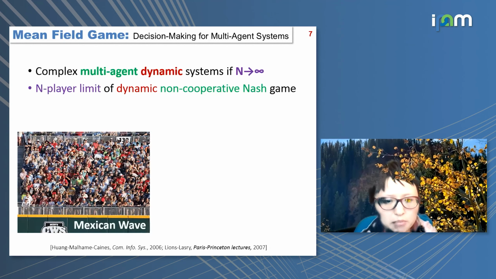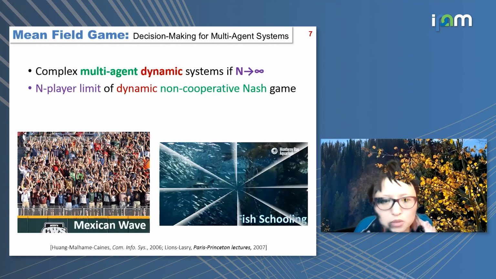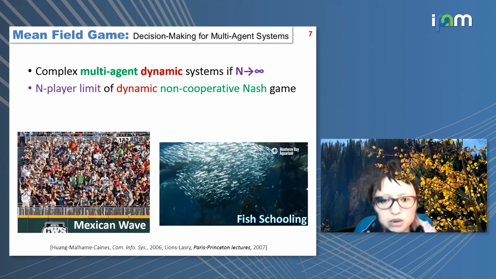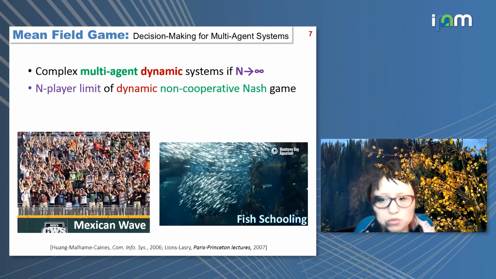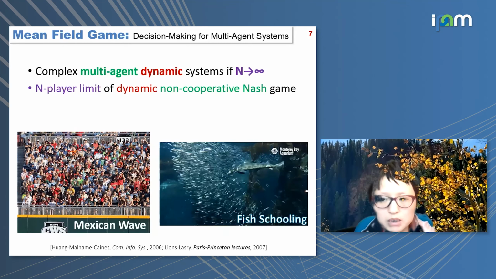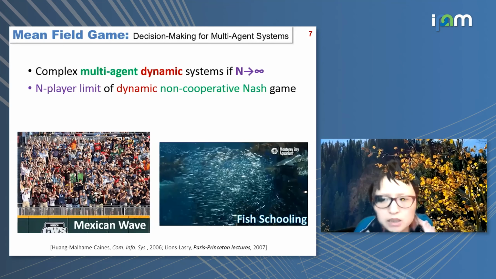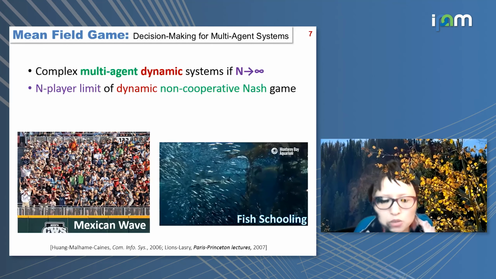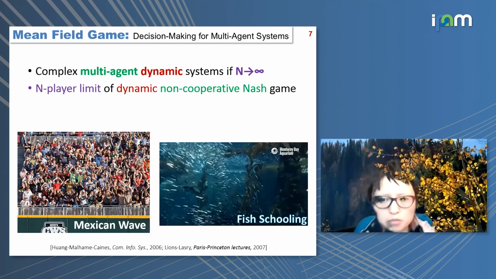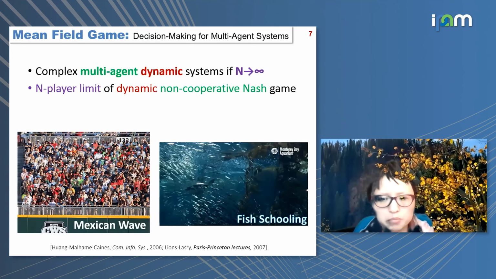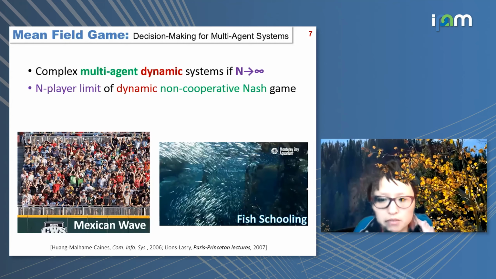The first one is the Mexican wave. The second is fish schooling. You can see all these systems are comprised of a large number of agents, and they do distributed movement, but in aggregate, you can see some pattern. I think Benedetto, in last week's Friday tutorial, mentioned multiple dynamic systems to describe animal behavior.